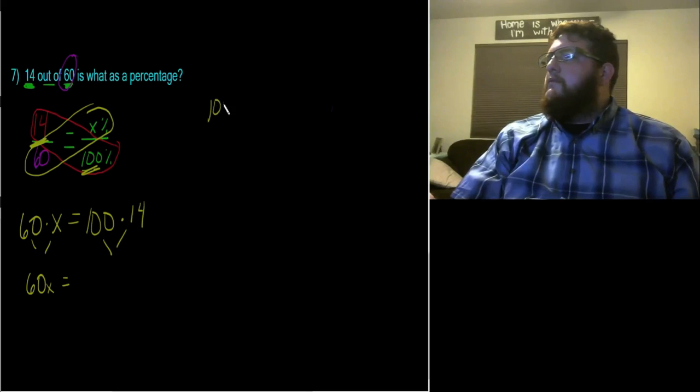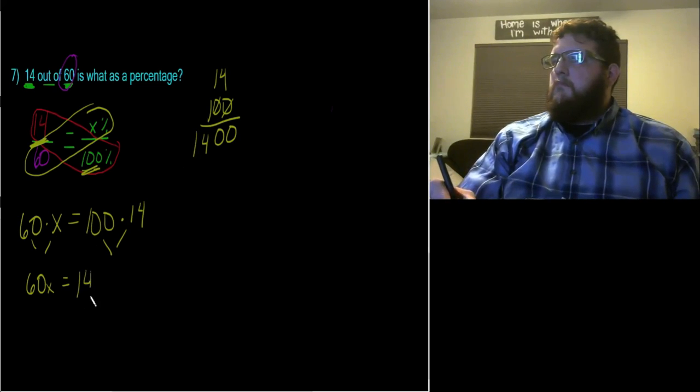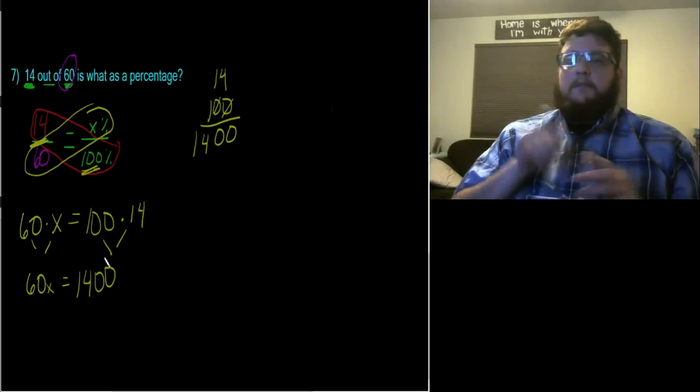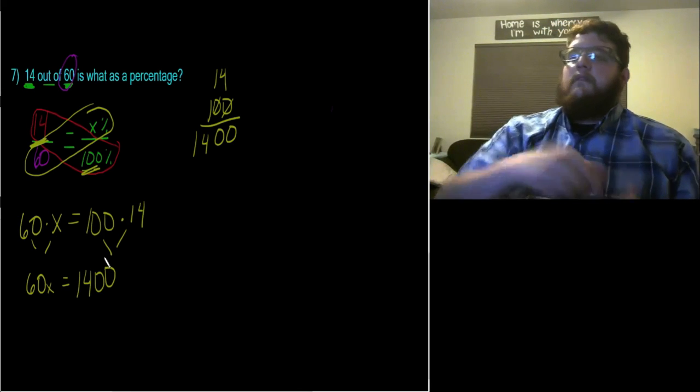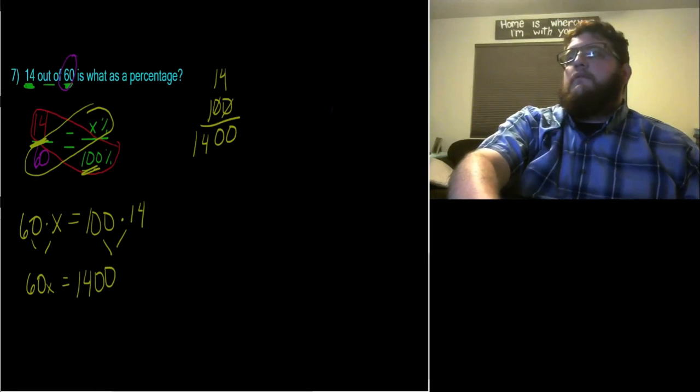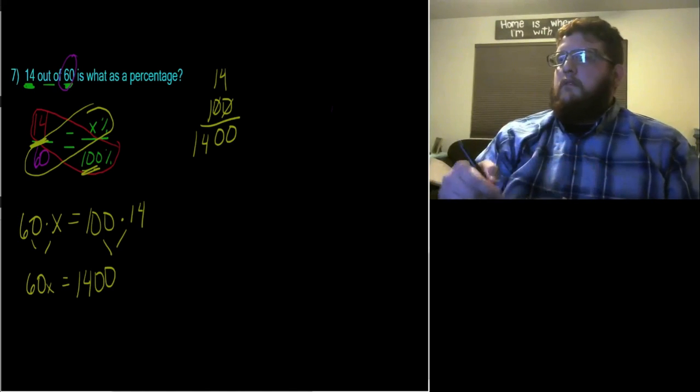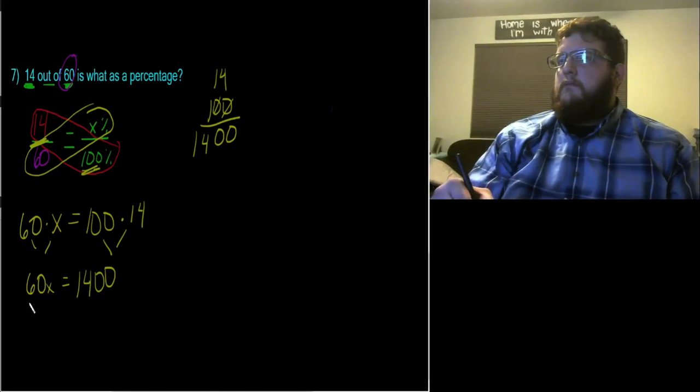I'm not sure, but I can figure it out. Move over to the third place, set my place values. 1 times 4 is 4, 1 times 1 is 1. 100 times 14 is 1,400. So I'm not done yet. I still need to isolate the variable. So we'll divide both sides by 60.